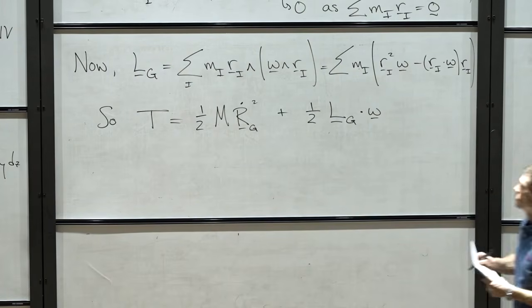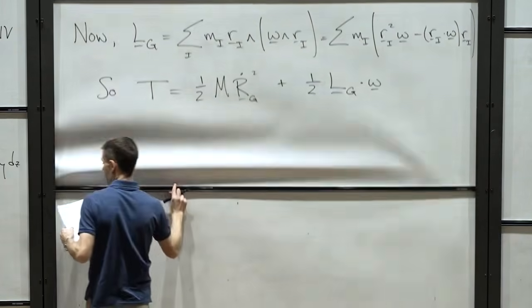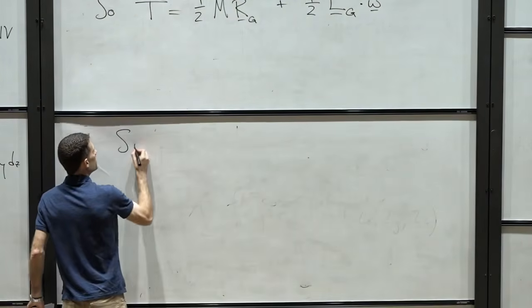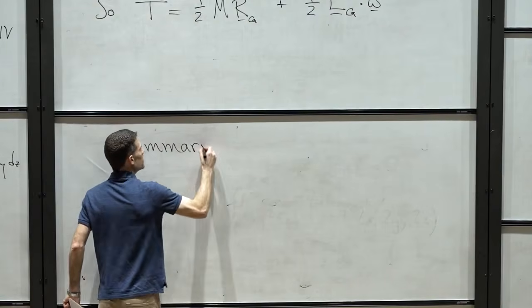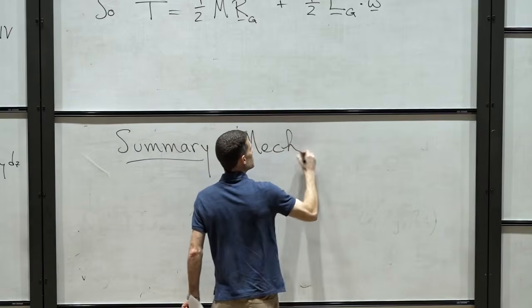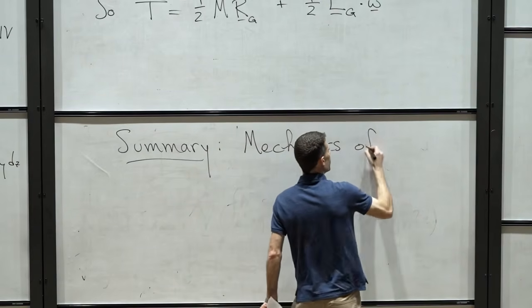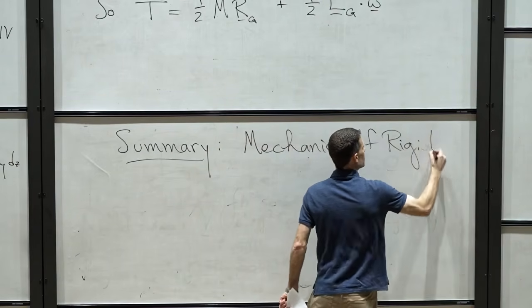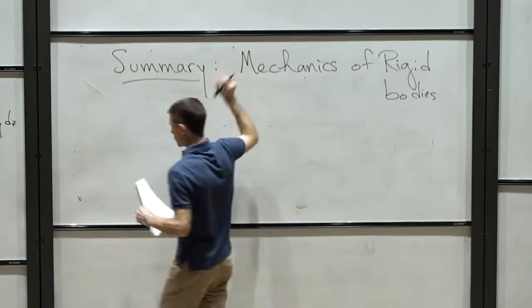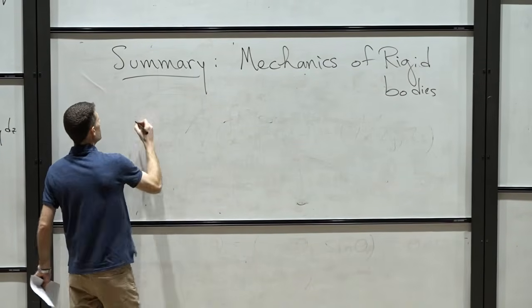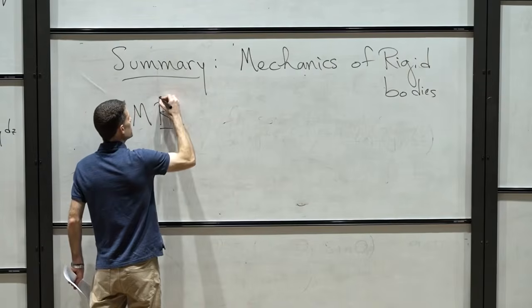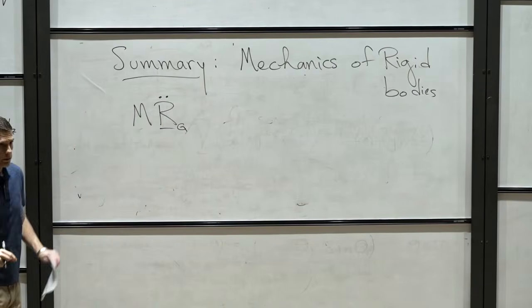So what I'd like to do is work through an example, and let's just summarize where we're at. The mechanics of rigid bodies: we've worked it down to two equations.